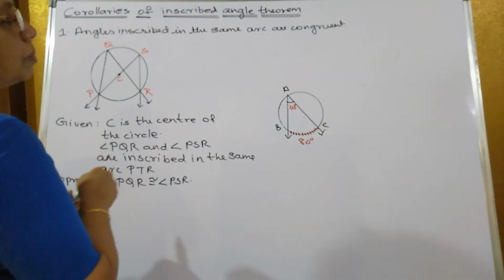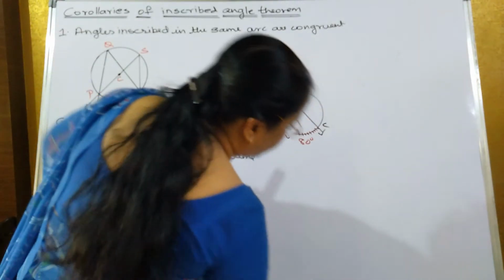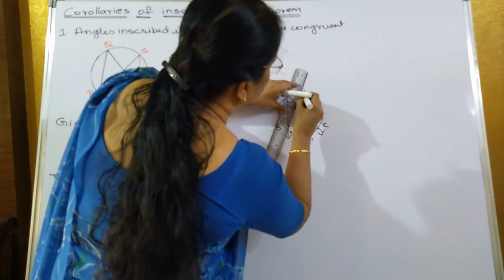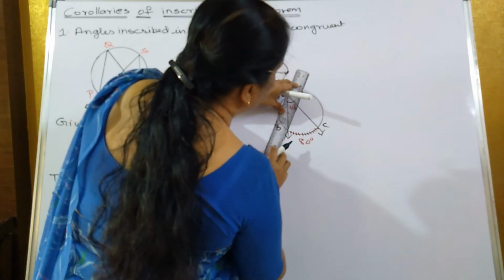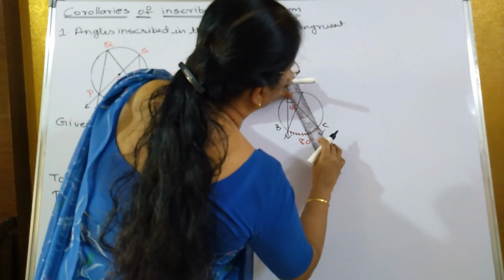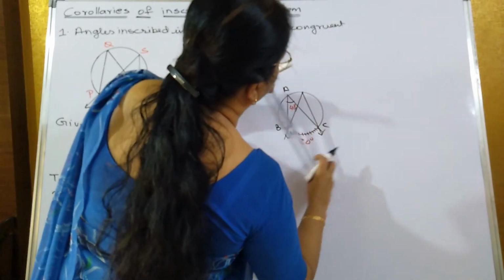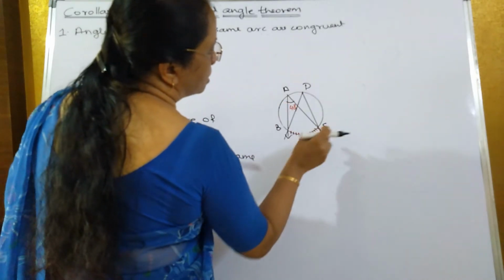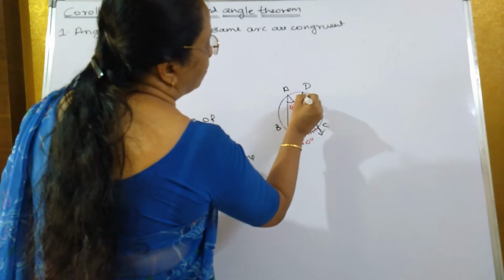Now if I draw another angle which is intercepted in that same arc, if I name this as D, which is angle BDC, that is also intercepted in the same arc BC. So this angle will be equal to 40 degrees.